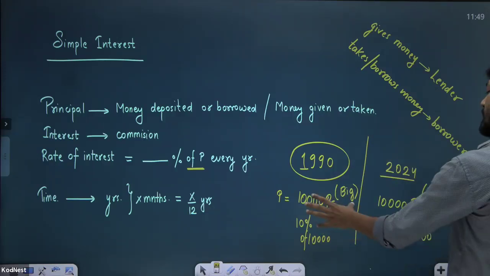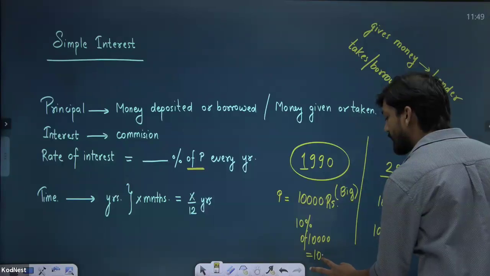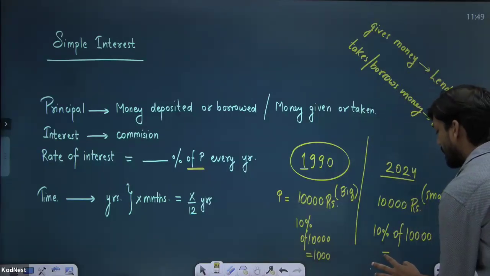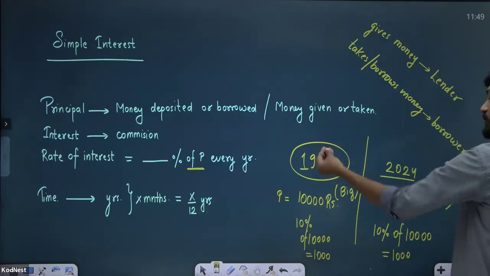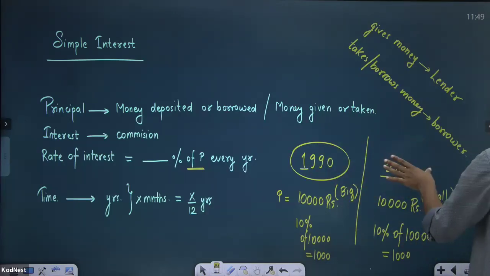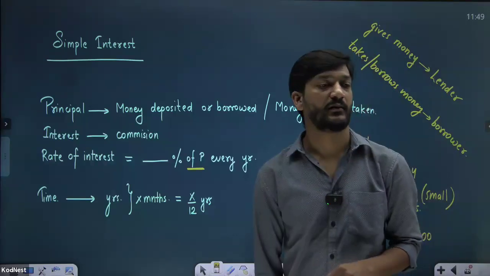My dear, 10% of 10,000 in 1990 comes out as 1,000, and it will also come out as 1,000 now. That year, 1,000 is very big. Current year also I'm getting 1,000, very small interest.